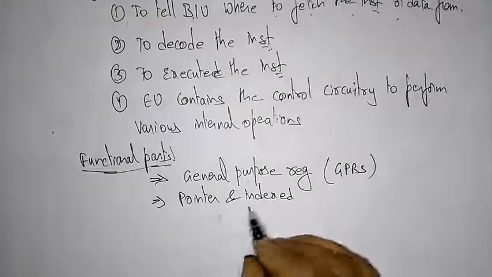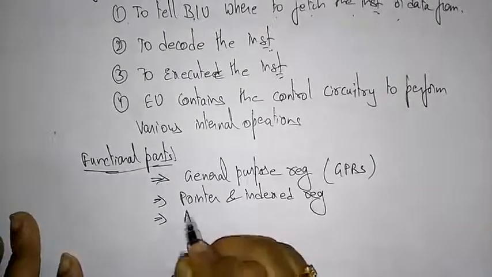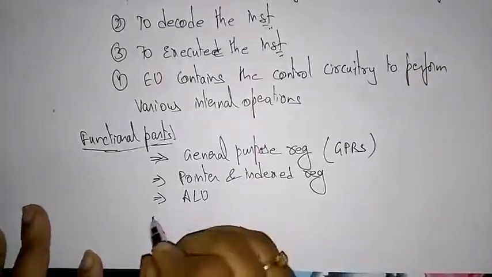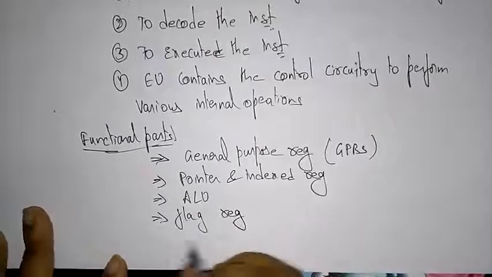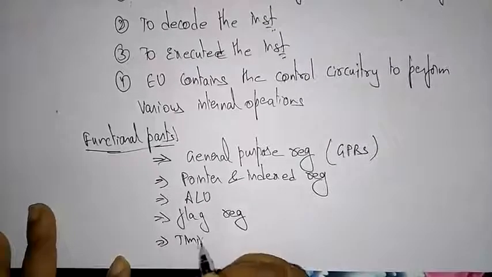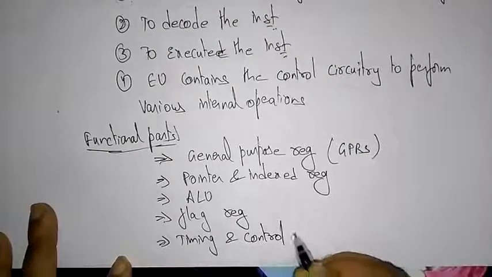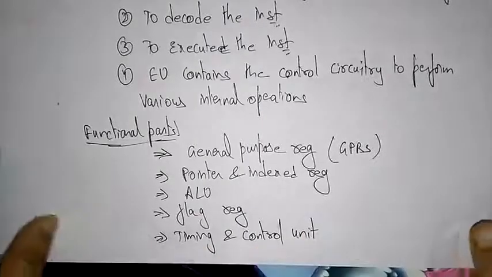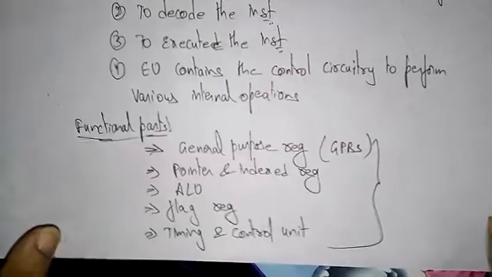Then the arithmetic logic unit, the main device to perform all arithmetic and logical operations. Flag registers indicate the result of the data. The timing and control unit monitors and controls the operation of the bus interface unit and the execution unit. So these are the five functional parts present in the execution unit.